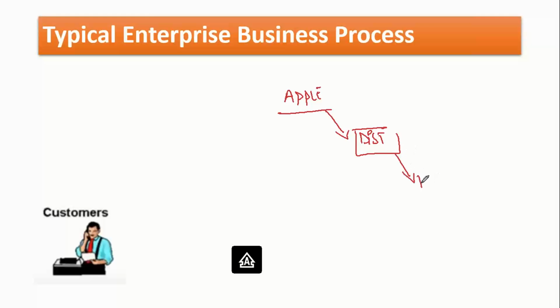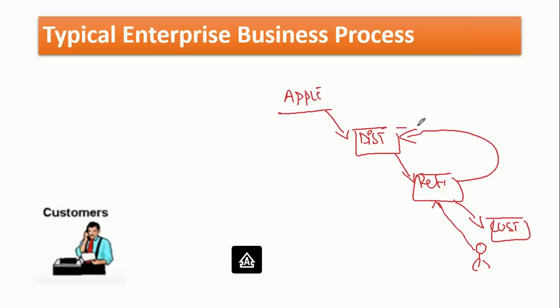Distributors send them to the retailers. Retailers sell the products to the customers. This is the end customer. The end customer is a customer to the retailer. The retailer is a customer to the distributor. The distributor is a customer to Apple, right? That is how the hierarchy works.